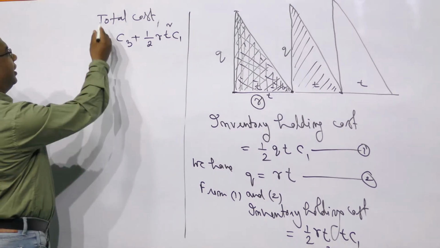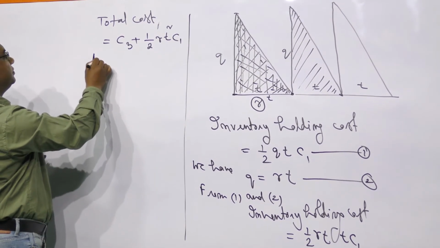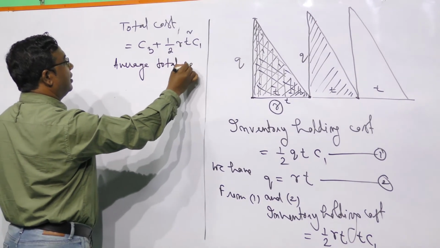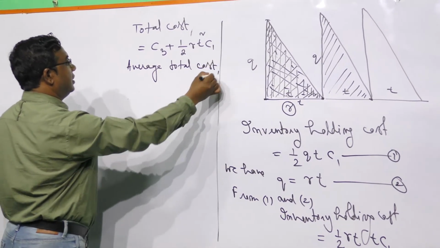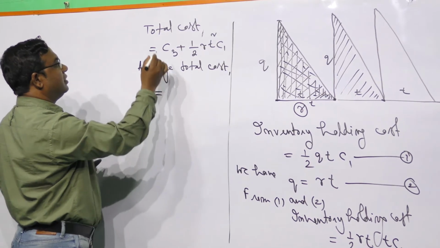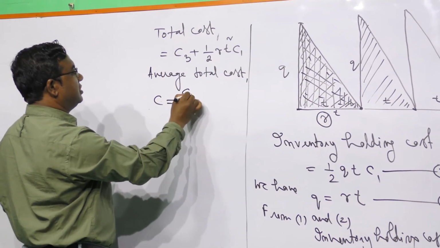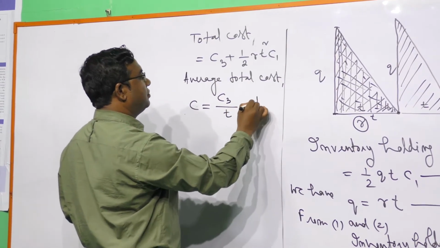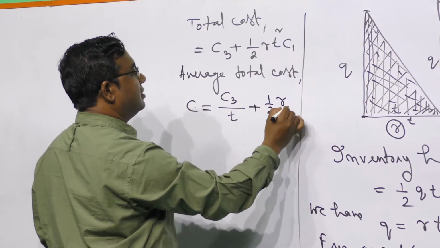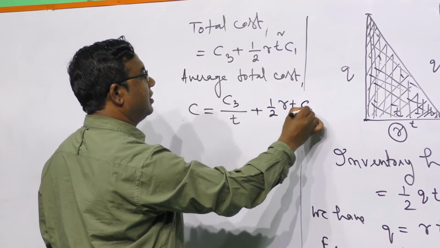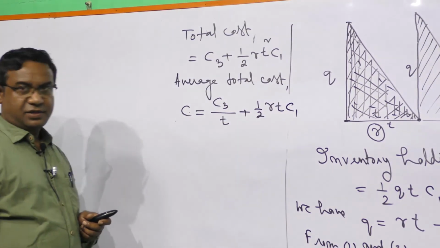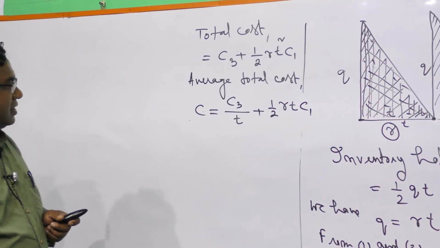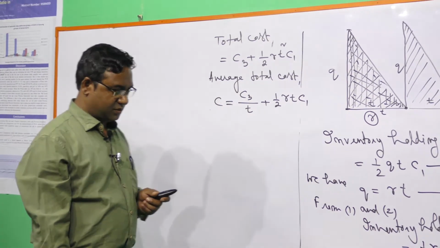Then the average total cost, denoted by C, is C3 divided by T plus half R T C1. This is the average total cost. So our main objective is to minimize the average total cost.